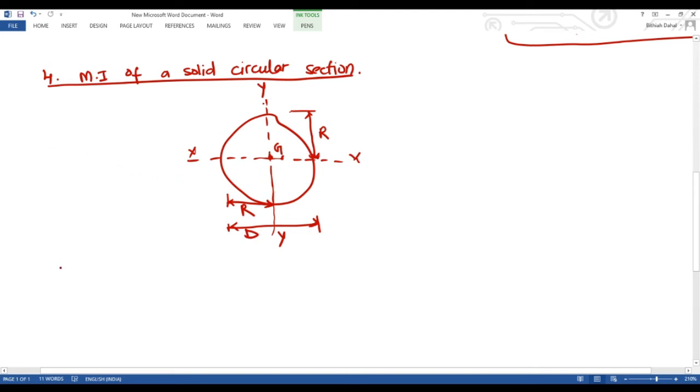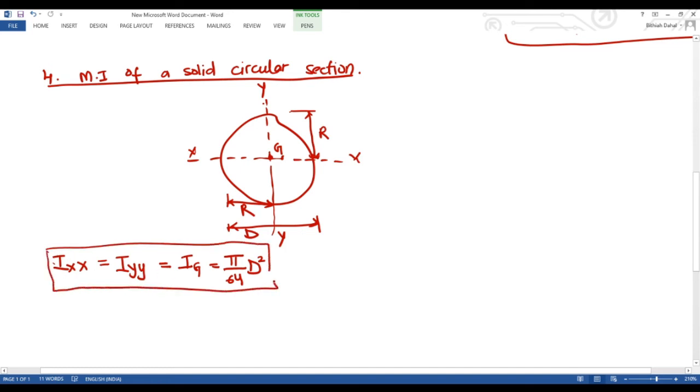So my moment of inertia about the x-axis will be equal to the moment of inertia about the y-y axis, which we can signify as IG also, and it will be equal to pi by 64 d raised to power 4. So this will be your moment of inertia of a solid circular section.